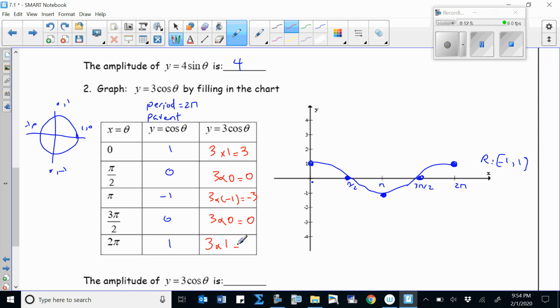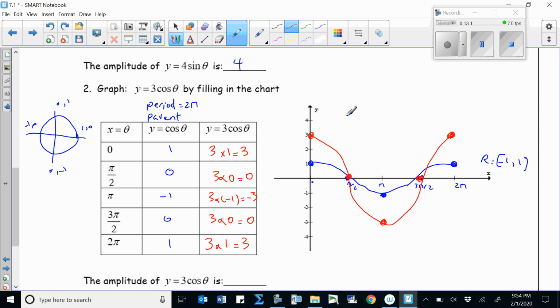And 3 times 1 is 3. So when x is 0, y is 3. When x is pi over 2, it's 0. For pi, it's negative 3. Then 0, and then at 2 pi it's 3. So this will be the new graph of our function.